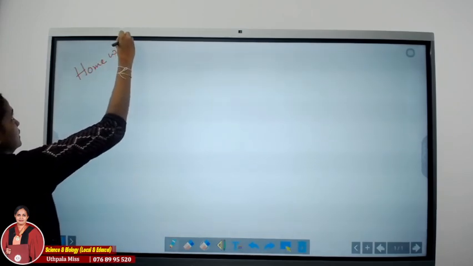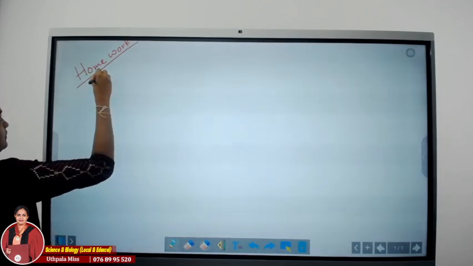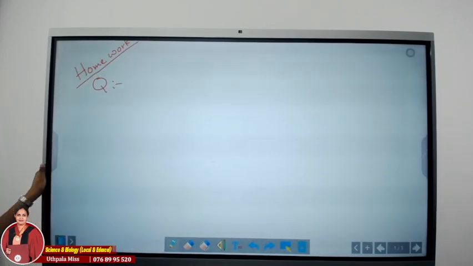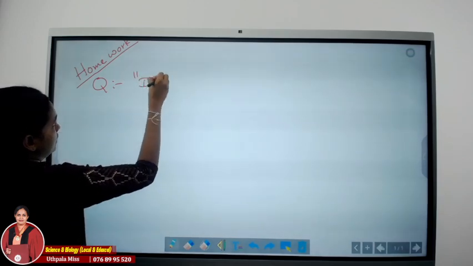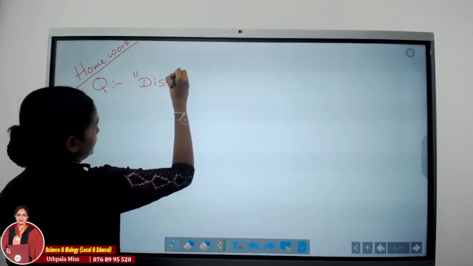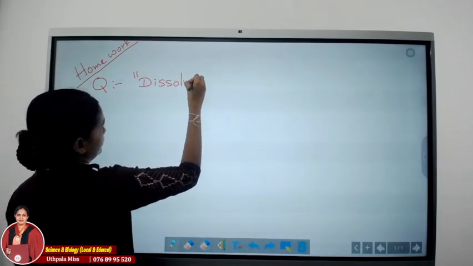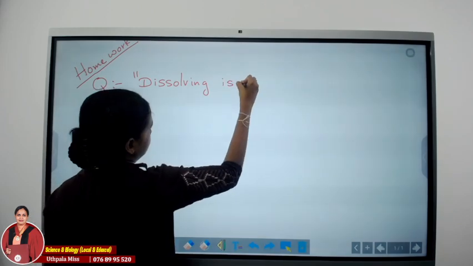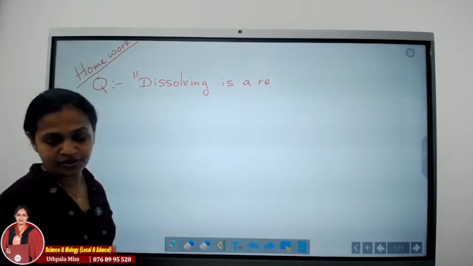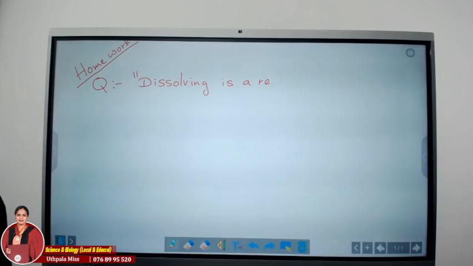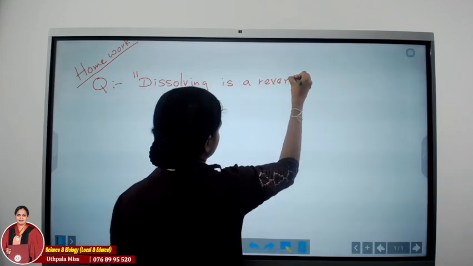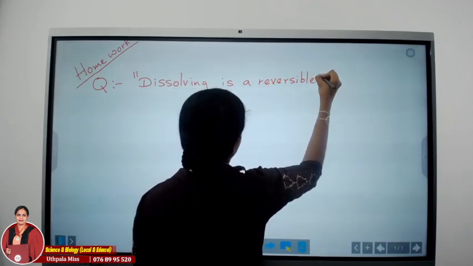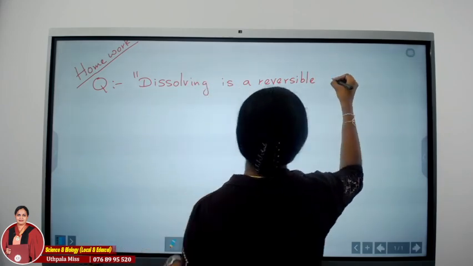Homework question is, dissolving. That leads to our next lesson. Dissolving is a reversible process. What do you mean by a reversible process or a reversible change? It can be changed back, converted to its original state. Yes, you can take it back.